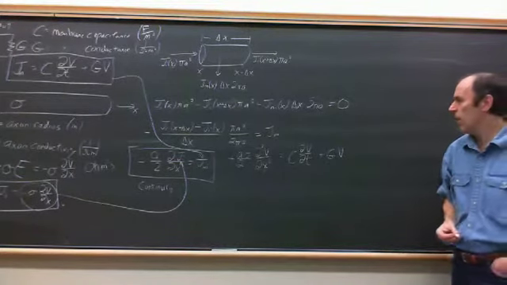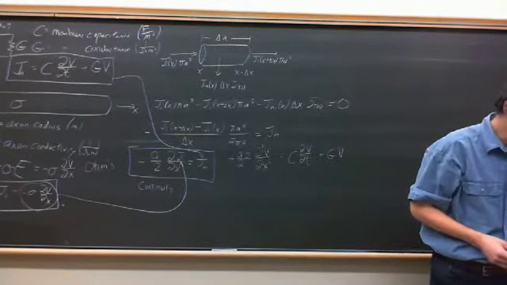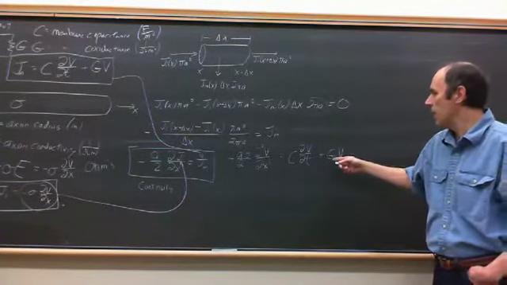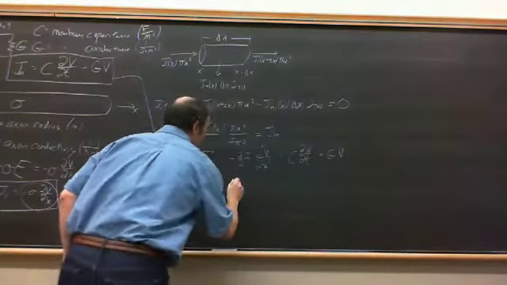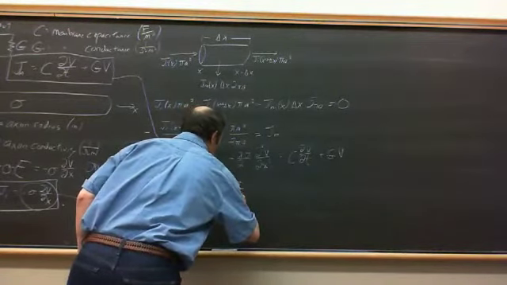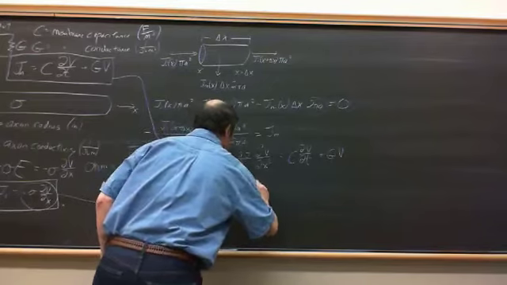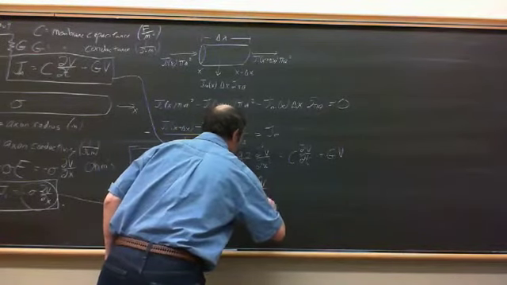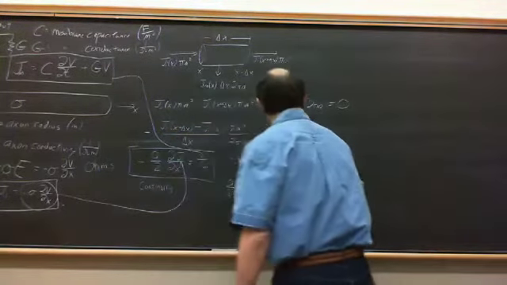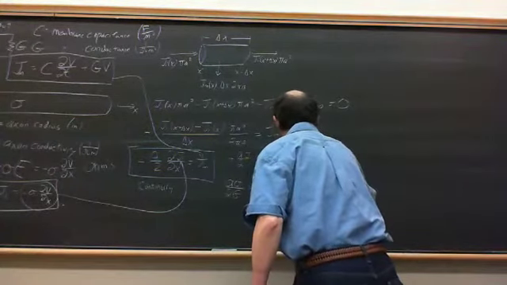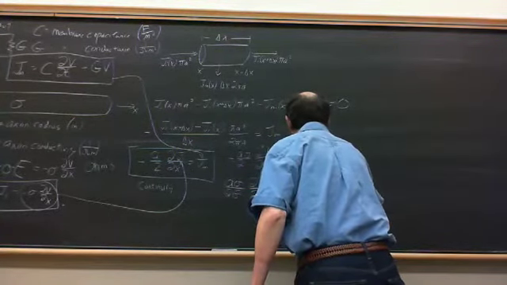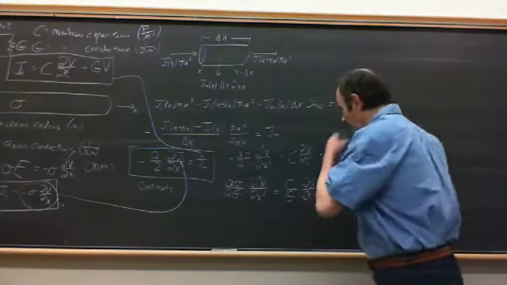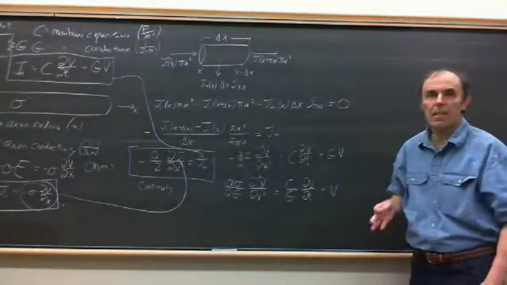Now the usual thing to do at this point is to divide by G. So you get a sigma over 2G d squared V/dx squared equals C over G dV/dt plus V. And this is basically the cable equation.